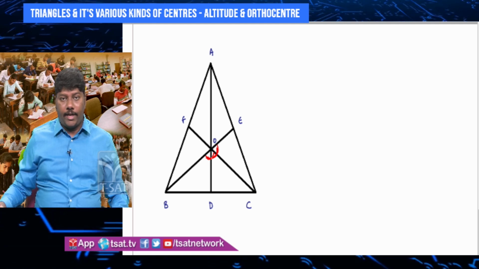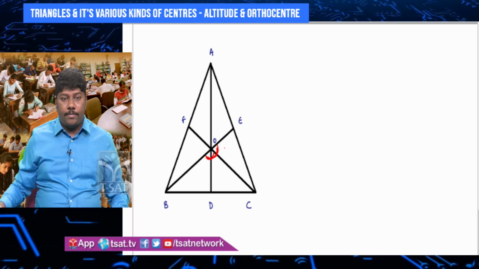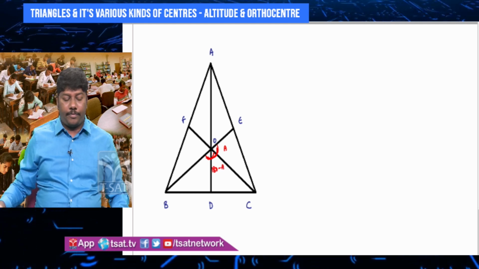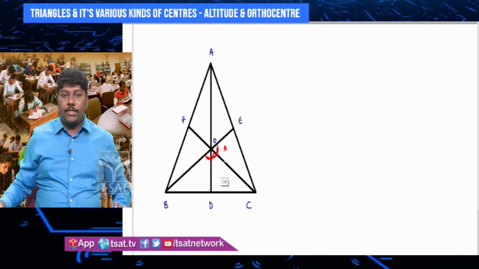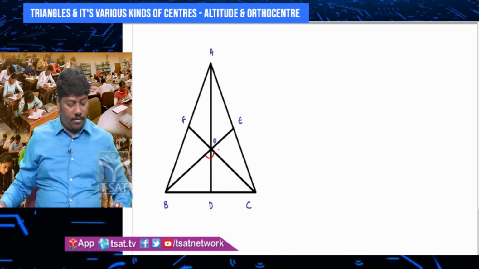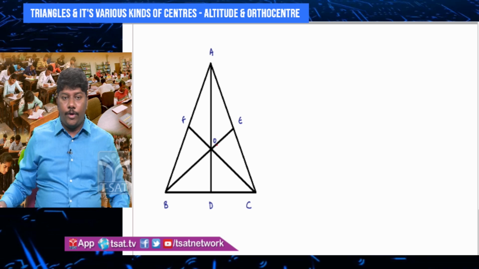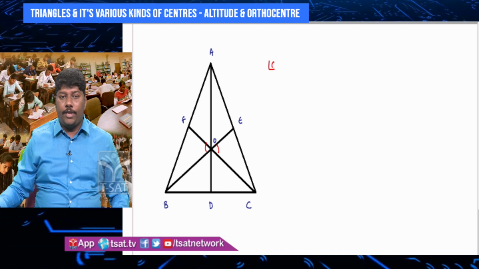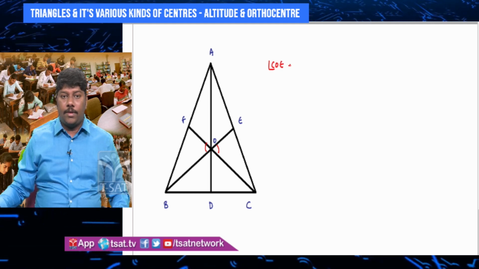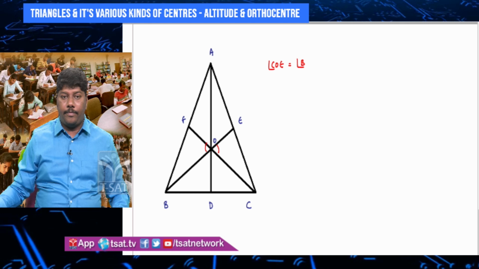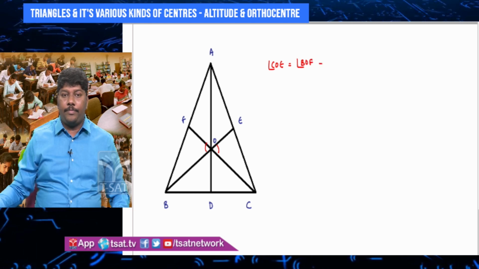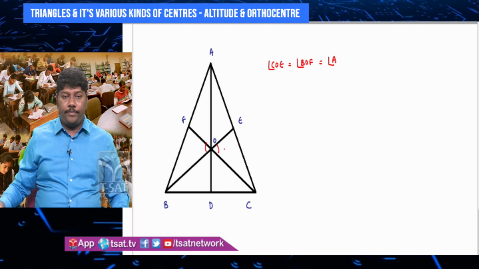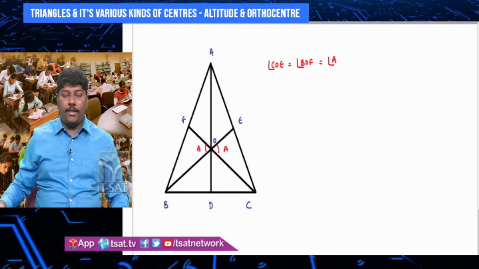In order to make it 180, you have to put the value A here because this is 180 minus A. So, angle COE and angle BOF, both of them become angle A. In the same manner, this is angle A and this is angle A.